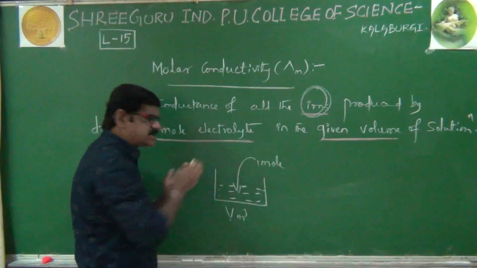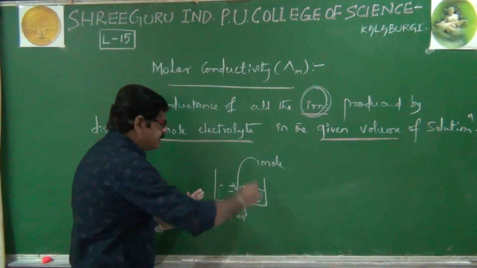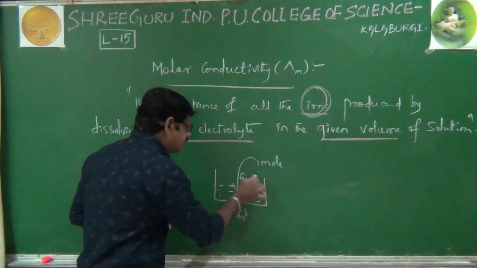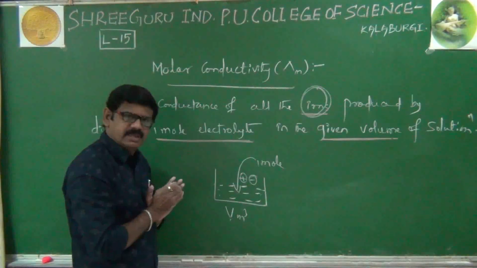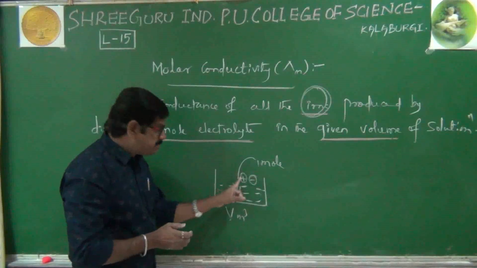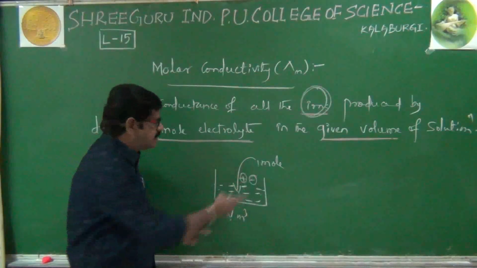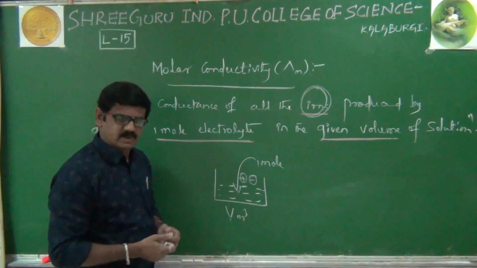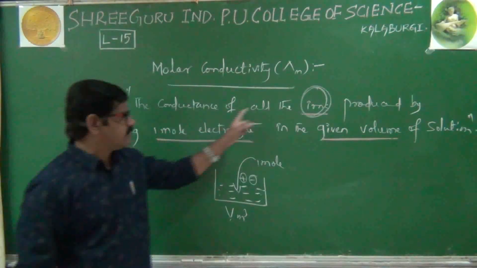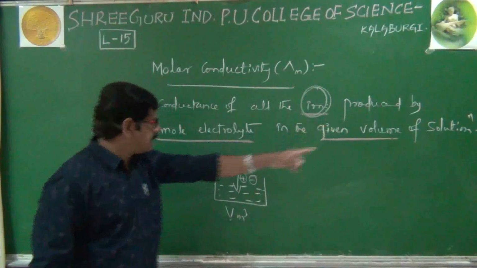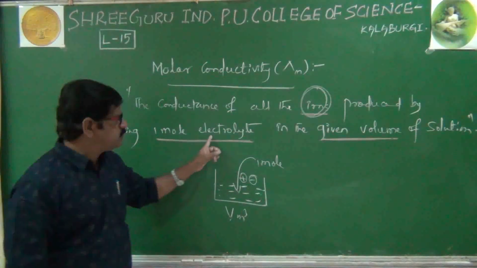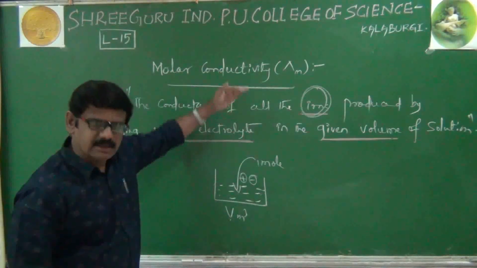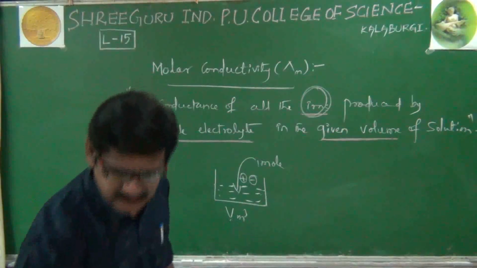When 1 mole electrolyte dissolves in V meter cube of solution, definitely some amount of ions will arise, and because of those ions your molar conductivity will be generated. That's why it is the conductance of all ions produced by dissolving 1 mole electrolyte in the given volume of solution.